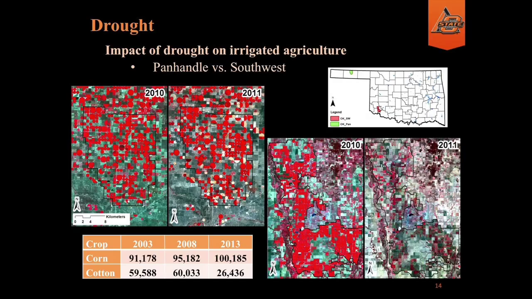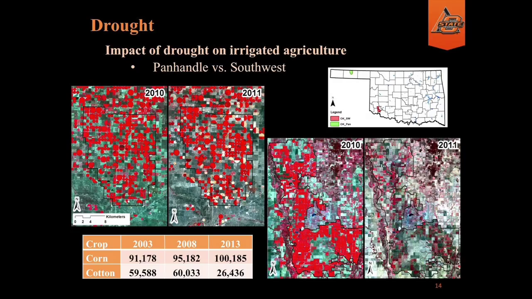So this here shows how important groundwater is to irrigation and to agriculture production, which is one of the main drivers of the economy here in Oklahoma. You can also see the impact of that in the acreage of different irrigated crops.